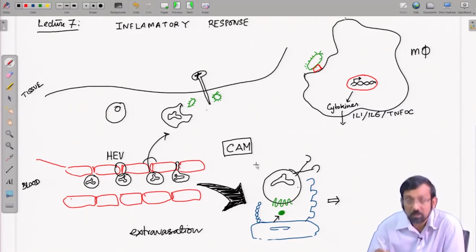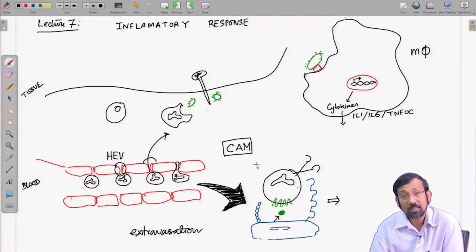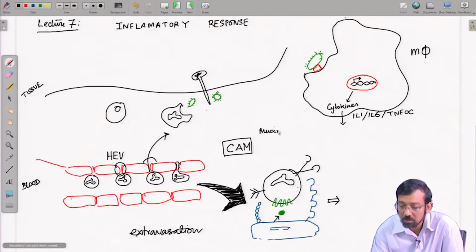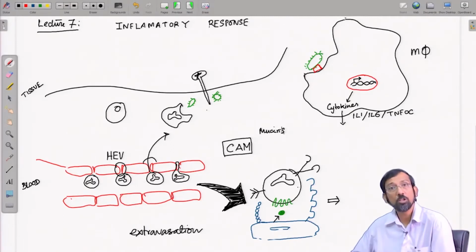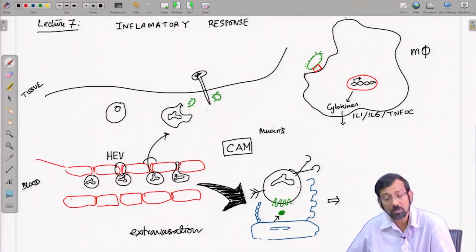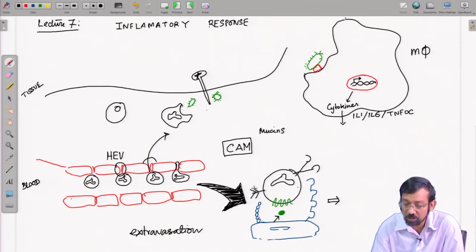There we can see there are at least 4 different classes of these CAMs, or cell adhesion molecules, and these are the mucins, which are usually expressed on the surface of the neutrophils. So, these are the mucins.